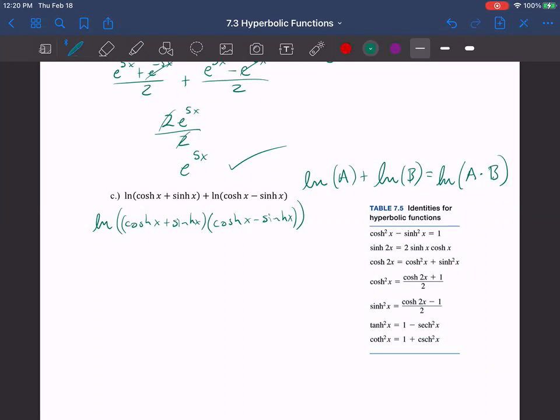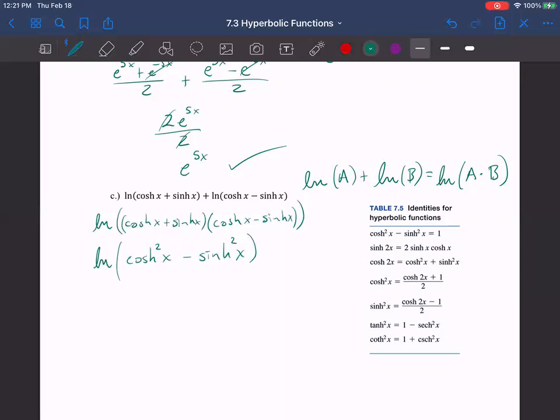So what do I get? Not cosine. Minus sinh squared of x. Good. Is that it? What else? Yes, right there. There we're done, right? Because the cosh times sinh will have a negative quotient and they'll cancel out, because it's a plus b times a minus b.